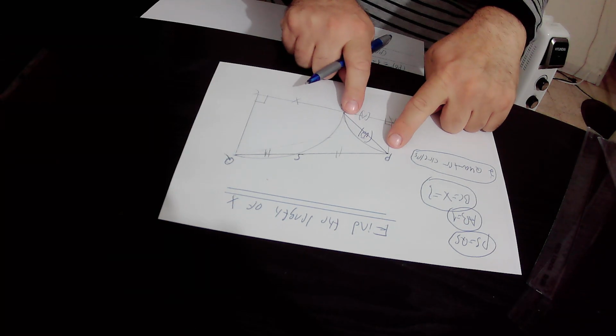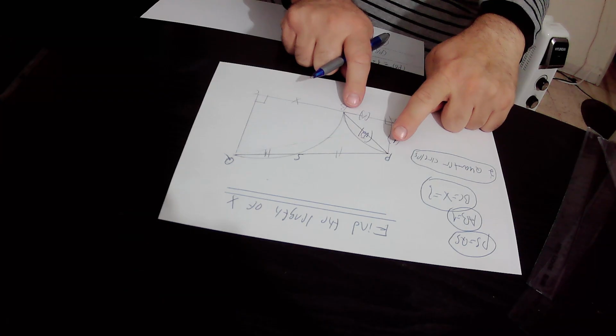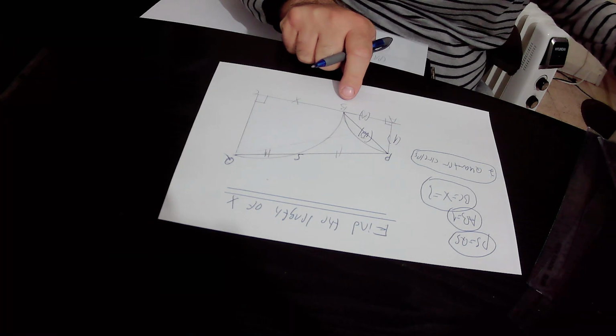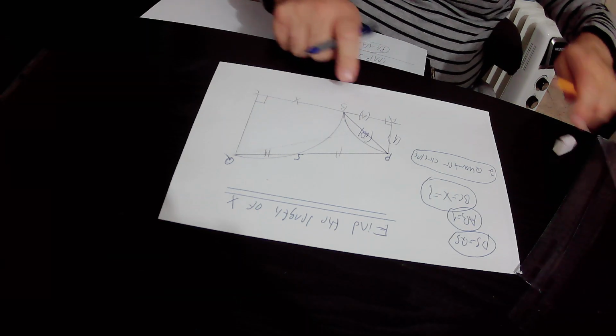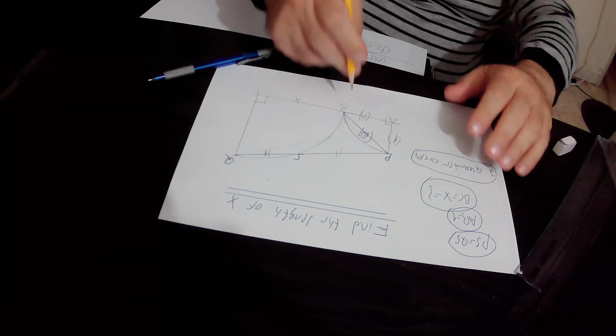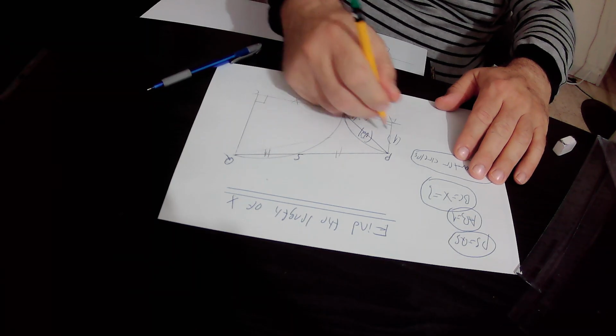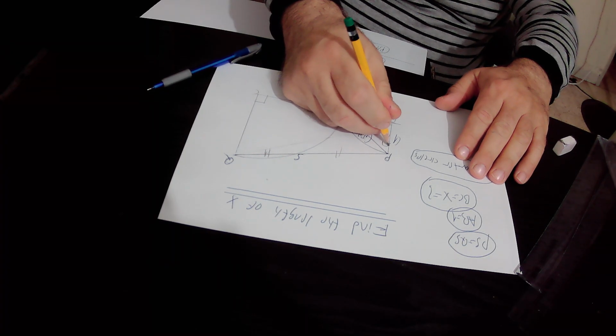So those two angles that are located opposite the equal sides must be equal to each other. So if we define the size of this angle as alpha, then the size of the other angle must also equal alpha.